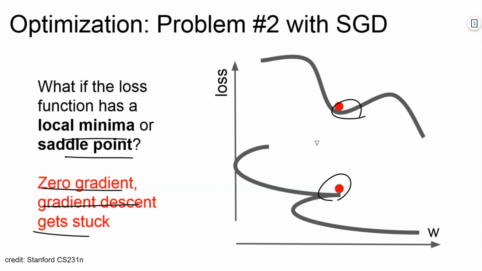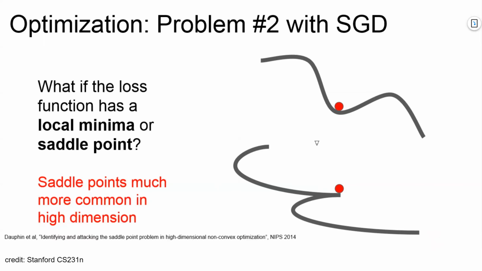Because it does not receive any gradient, it doesn't know where to move. Saddle points are much more common in high dimension, but I mentioned that this would not be a problem if you don't exactly settle on saddle points, and the odds of doing so are very low. So you don't have to worry about this situation that much.